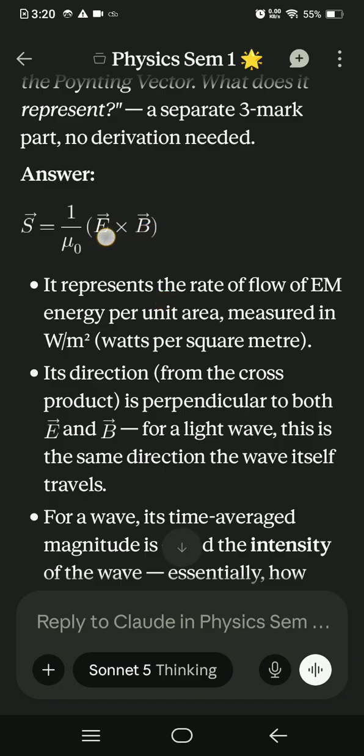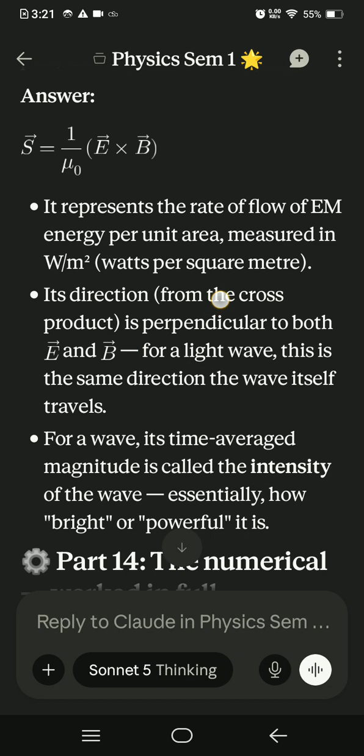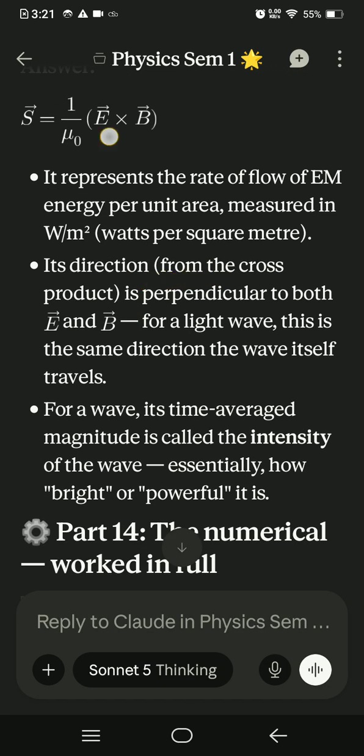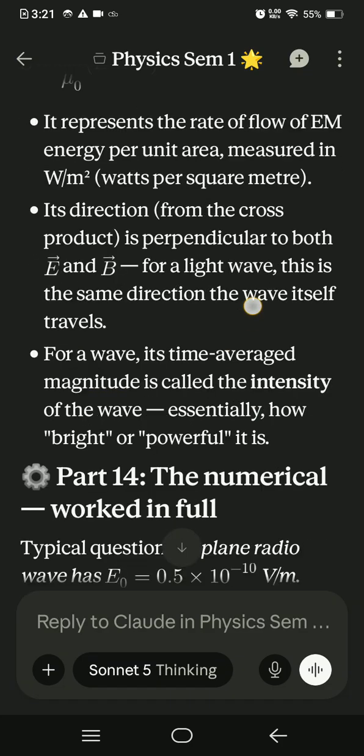It represents the rate of flow of electromagnetic energy per unit area, measured in watts per meter square. Its direction is perpendicular to both E and B, from the cross product. For a light wave, this is the same direction the wave itself travels.